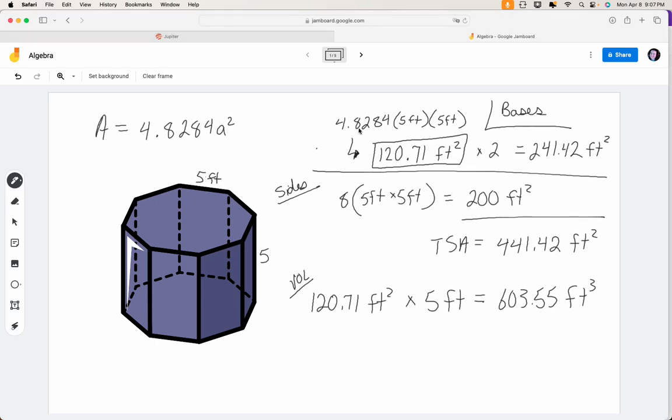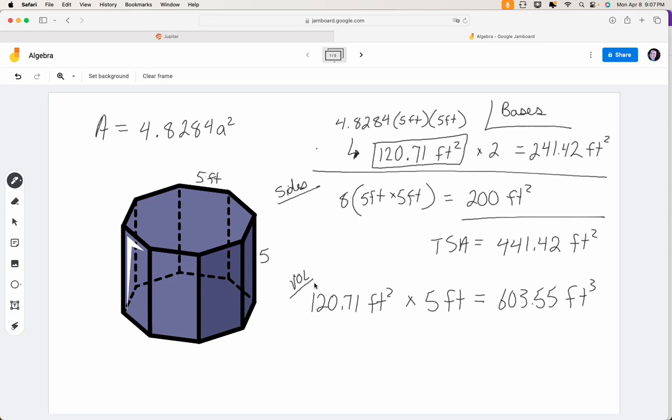So we say 4.8284 times 5 foot times 5 foot gives us 120.71 feet squared. This is the area of the base. That is what this top is. So we multiply that by 2 to get the top and the bottom, and that's 241.42 feet squared.